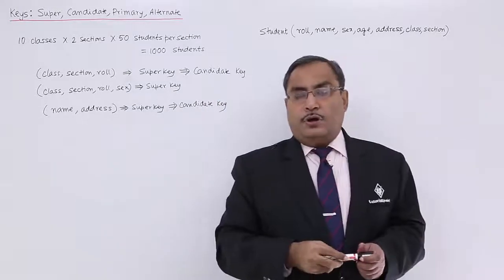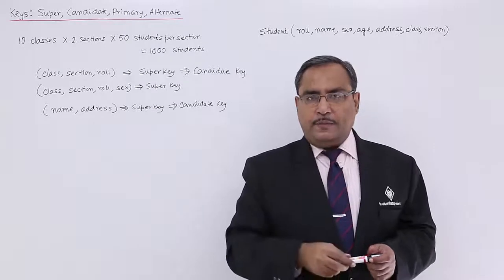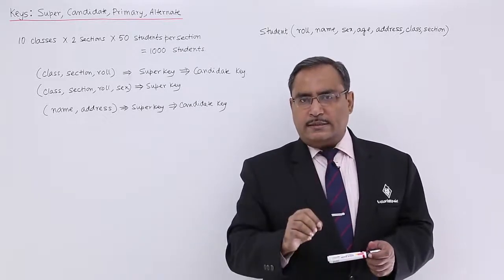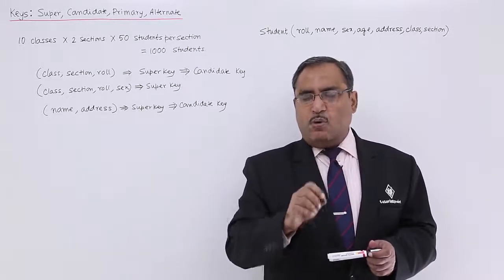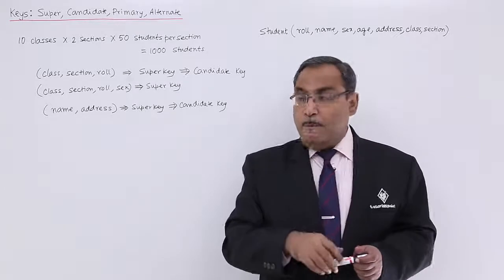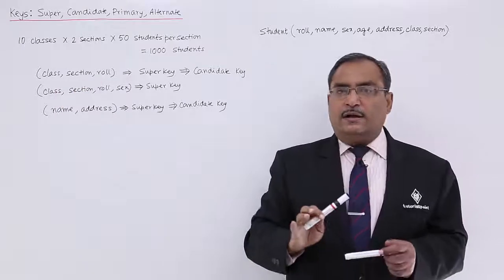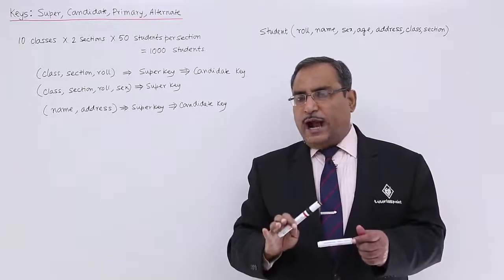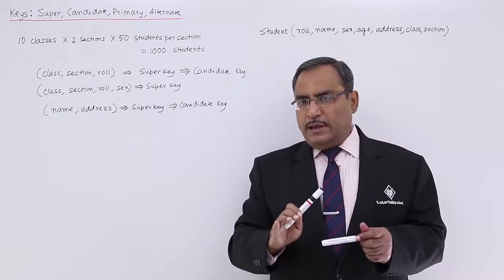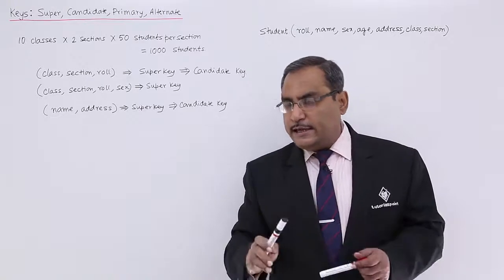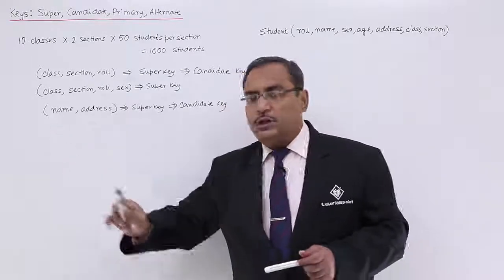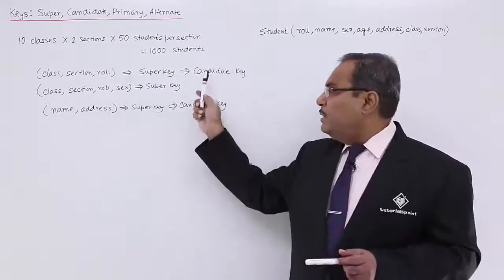Good. Now what is a primary key? The database designer, the database administrator, while designing the database, may consider this combination for the unique identification of a tuple or entity in that entity set, not considering this other combination of attributes. So both of them are candidate keys.